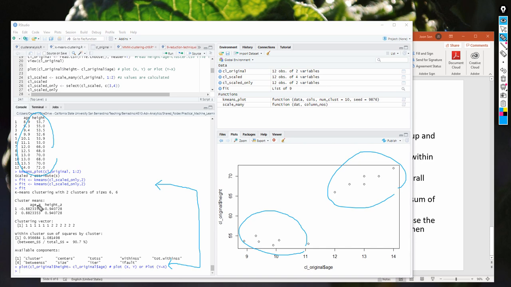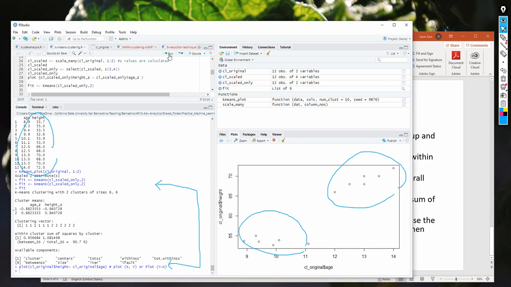Now when you look at this, there is cluster 1, and this is the average within cluster 1, 0.882. By the way, this is after the Z transformation. Maybe this is not the right graph, so let me look at the plot.